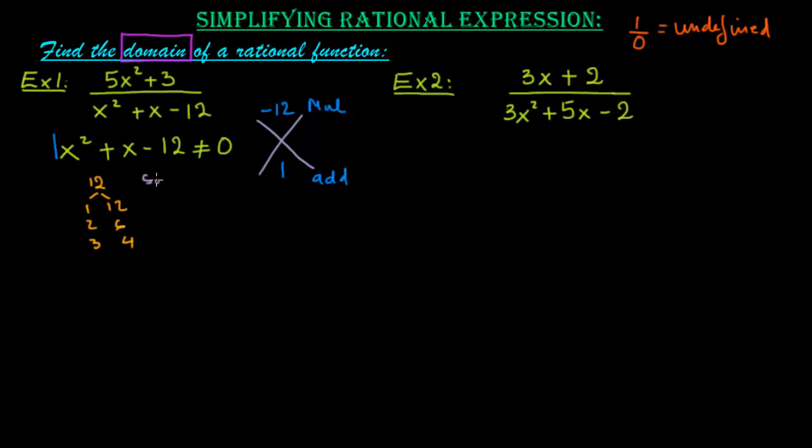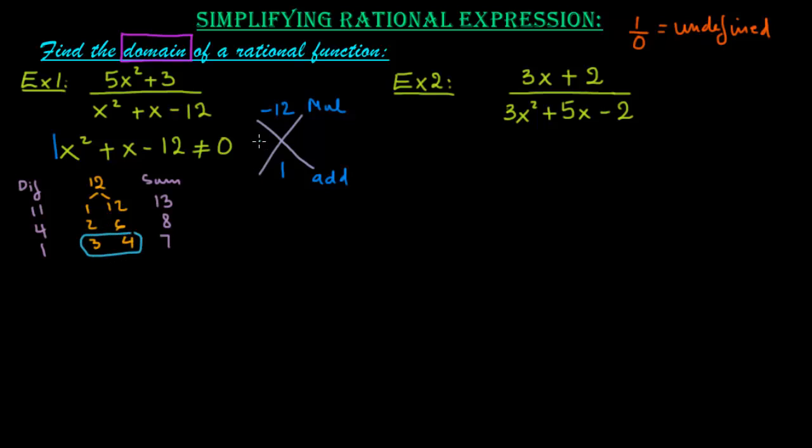Now we find the sum and difference of them. The sums are 13, 8, and 7. The differences are 11, 4, and 1. We're looking for the pair which gives me 1, so 3 and 4 is the pair I'm looking for.